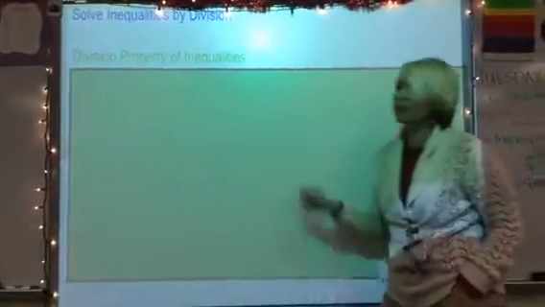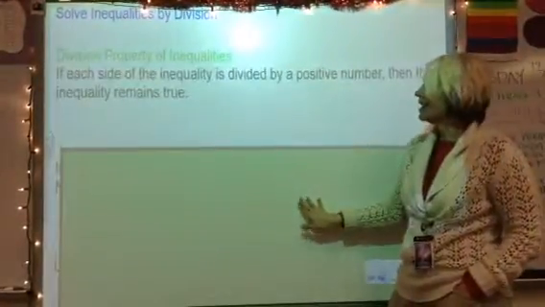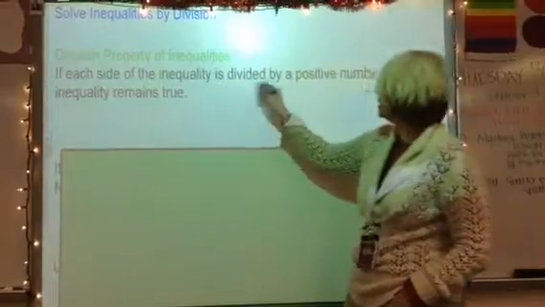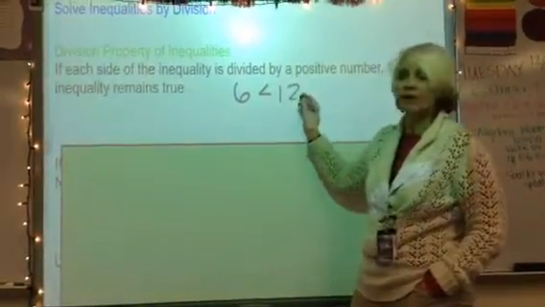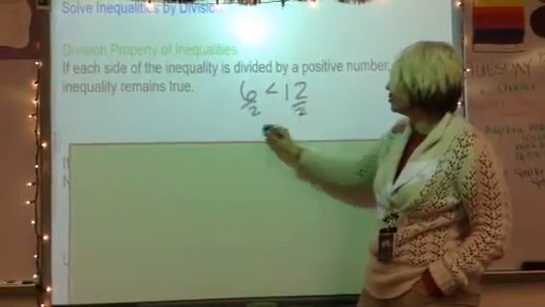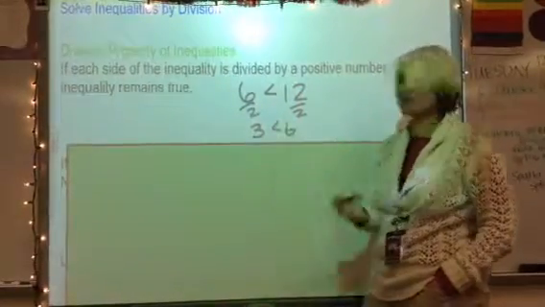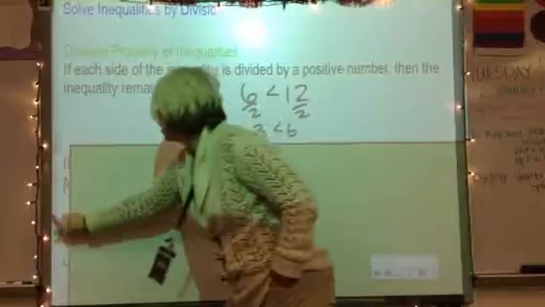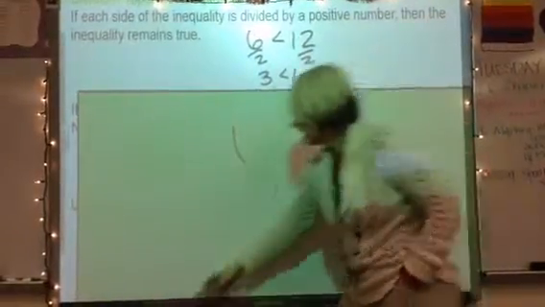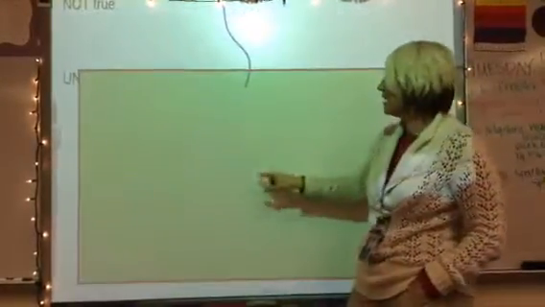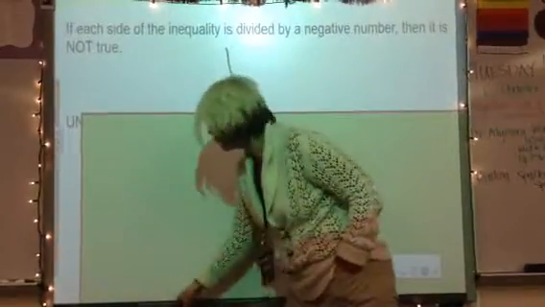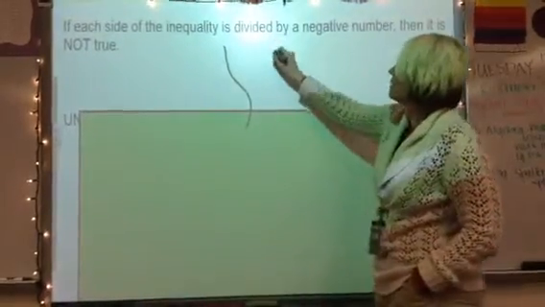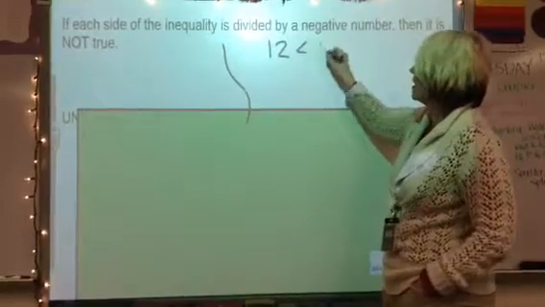The division property of inequality states that if each side of an inequality is divided by a positive number, so we know 6 is less than 12, if I divide both sides by 2, I get 3 is less than 6. That's also true. But what about if I divide by a negative? If I divide by a negative, this is going to be 12 is less than 18.